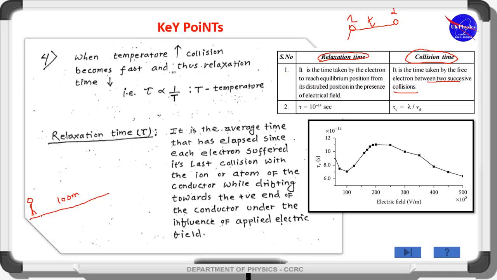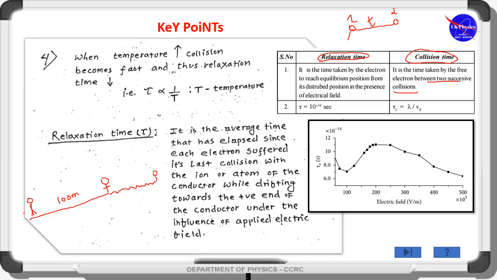If this man runs through 100 meters, at the end of this 100 meters he does not come to rest exactly, but he slows down his velocity, and finally he becomes at rest.